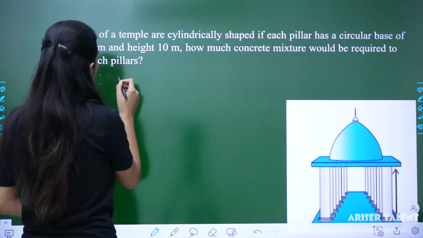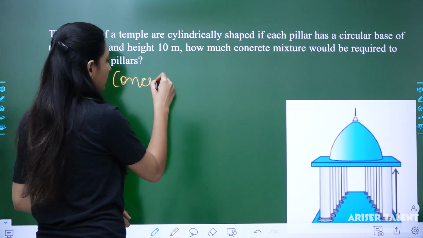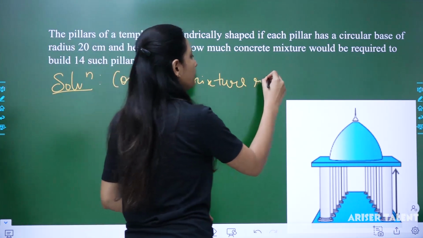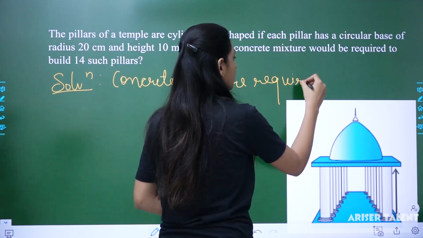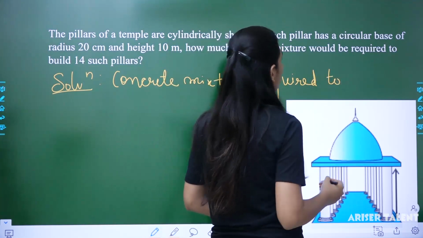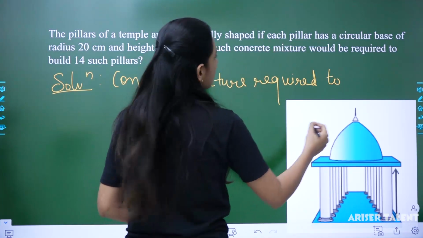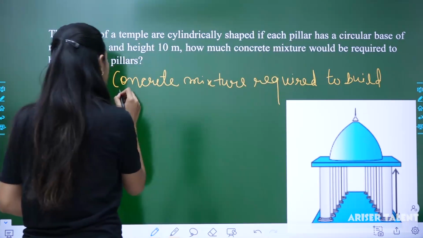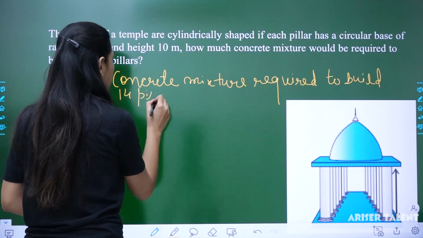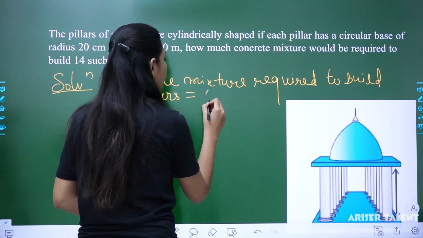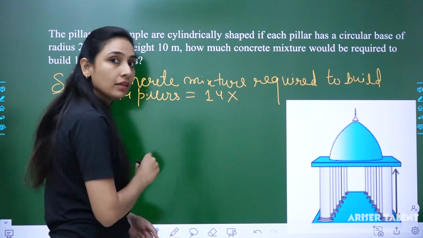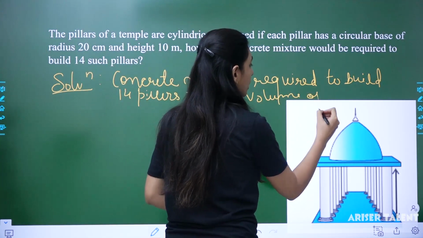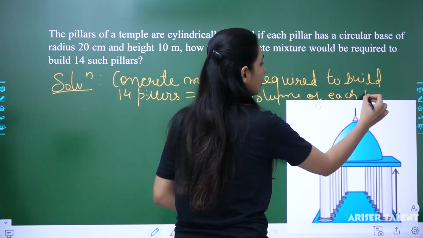So, the concrete mixture required to build 14 pillars will be equal to 14 multiplied by the volume of each pillar.